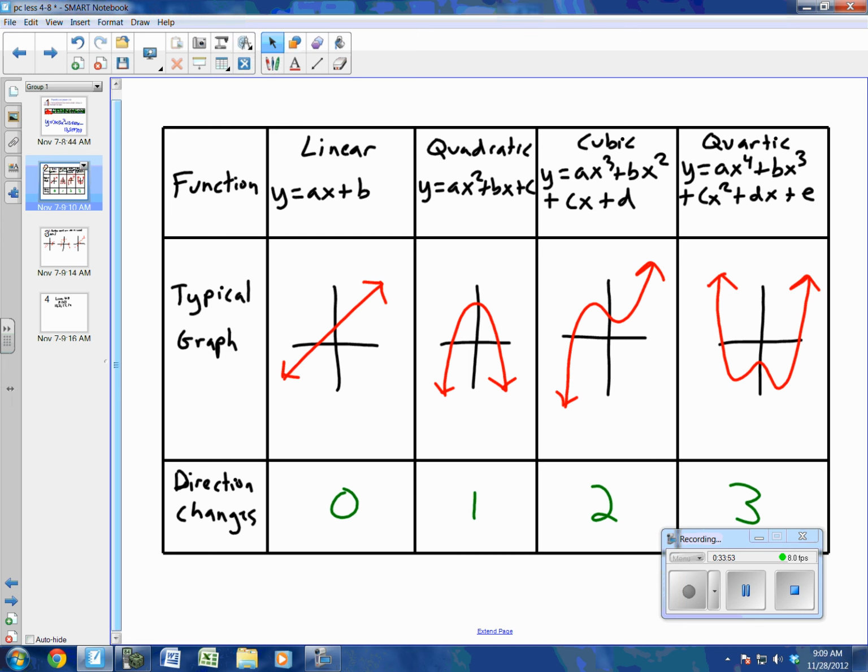And most of your functions will model one of these things right here. As you'll notice, I put down here direction changes. A linear equation has 0 direction changes. Quadratic has 1. Cubic has 2 direction changes. And quartic has 3 direction changes, or can have that many direction changes. So you can look at that for a second. If you need to pause it, go ahead.